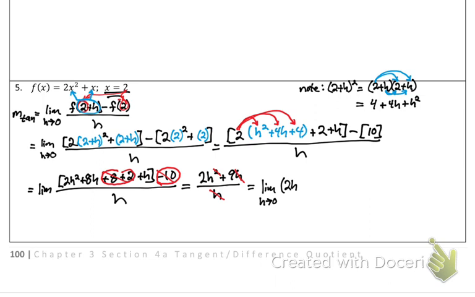Instead of 9h, the h's will cancel out, and I'll have a plus 9. Now this is a direct substitution one, so this will equal 2 times 0 plus 9, which will just equal 9.